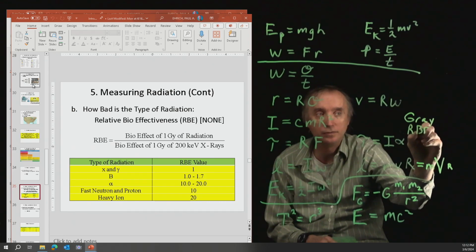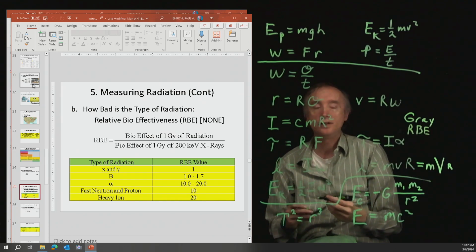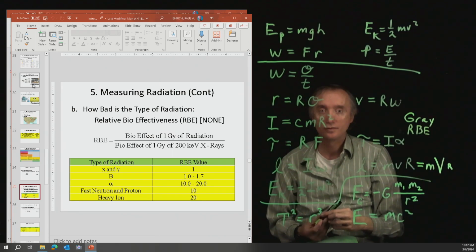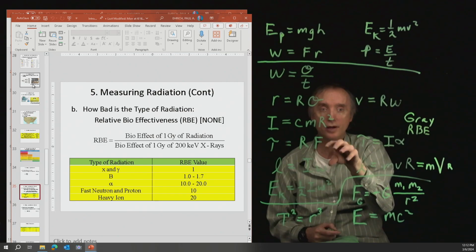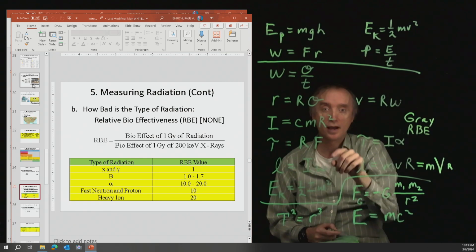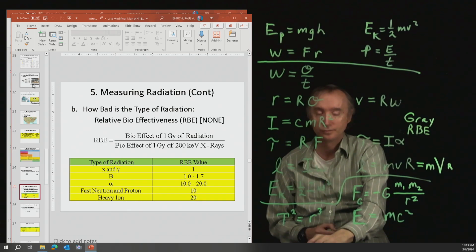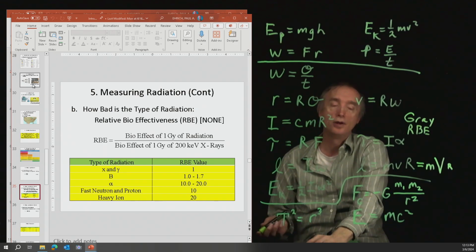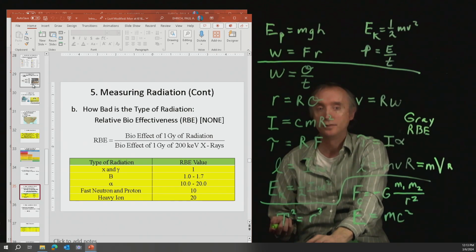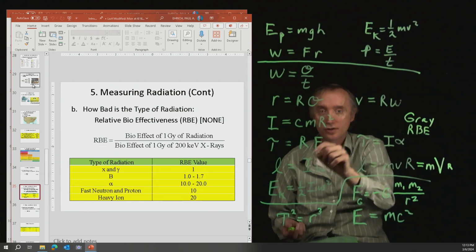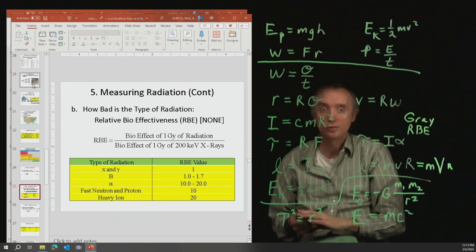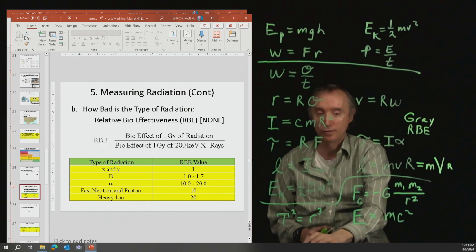You don't need to know the numbers for different kinds of radiation, but I could give you the chart and you could look up those numbers on it. So if I was to say, which is more dangerous, a heavy ion or an alpha particle, you should be able to look at that chart and decide which one's the more dangerous kind of radiation.